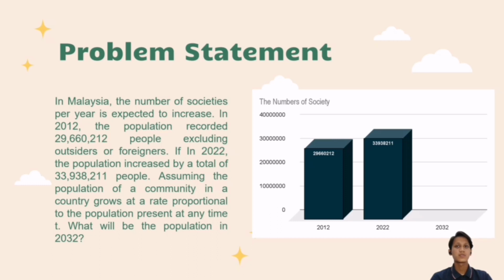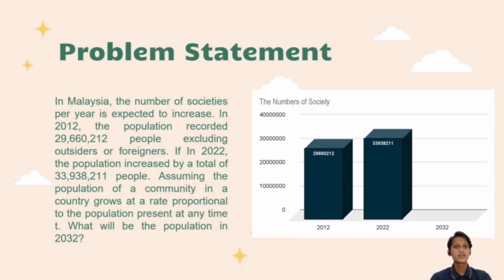If in 2022, the population increased by a total of 33 million people, assuming the population of a community in a country grows at a rate proportional to the population present at any time t, what will be the population in 2032?